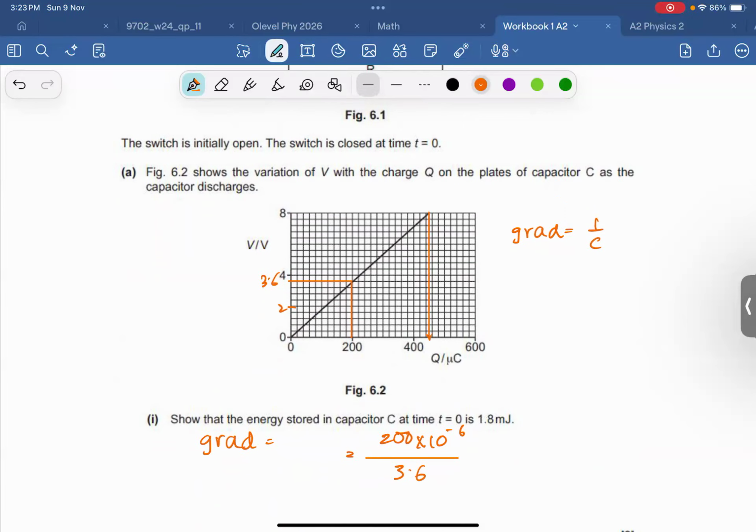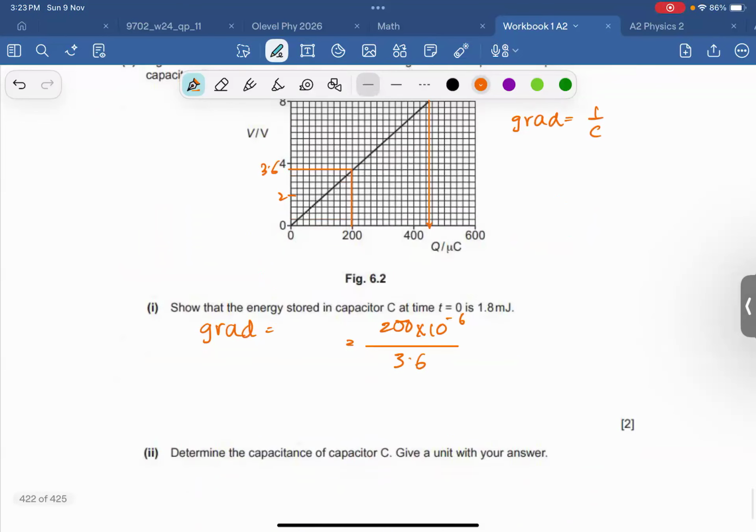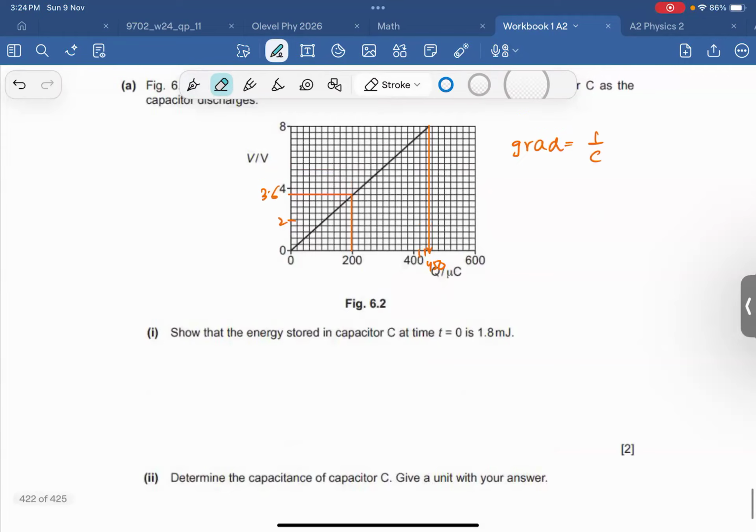We can also use this value, which is 450, so 450 microcoulomb is the charge value, so we can directly use the charge. So 1 over 2 into 450 microcoulomb and into 8.